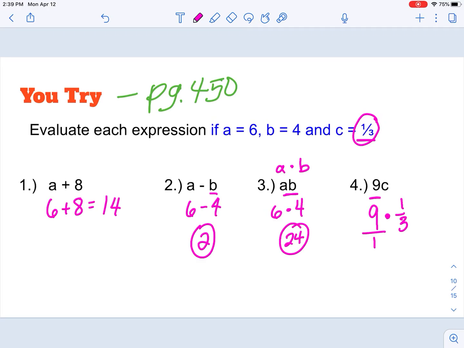Remember to put a 1 on the bottom of a whole number, and then we multiply straight across. 9 times 1 is 9. 3 times 1 is 3. Well, I know that 9 divided by 3 is 3. And there's my answer. If you got some of those wrong, hopefully you're understanding why. And if you get stuck, you can always come and ask me during WIN or during work time.